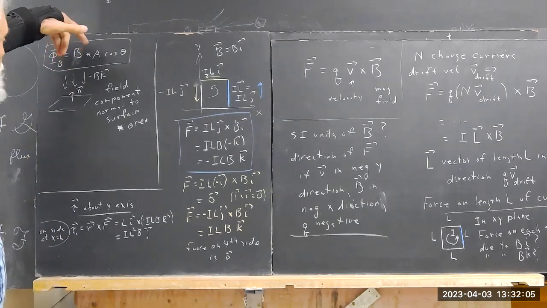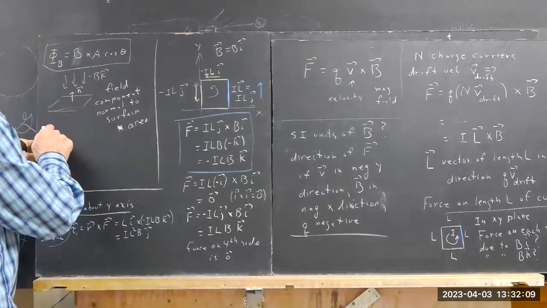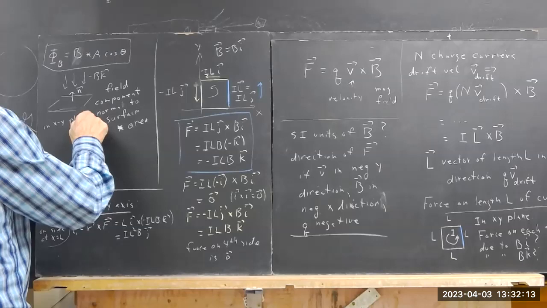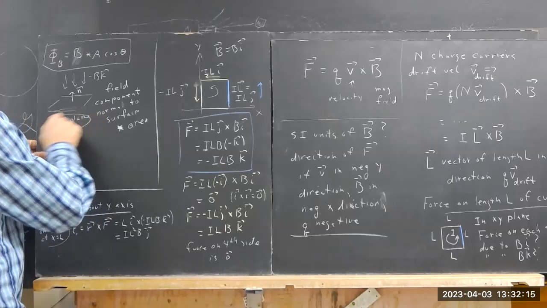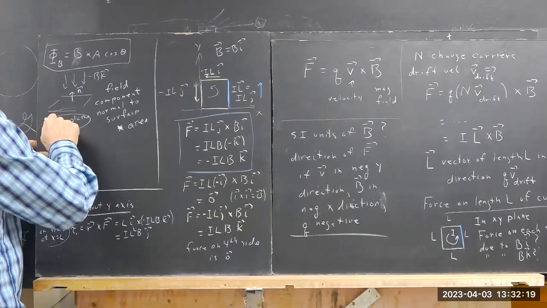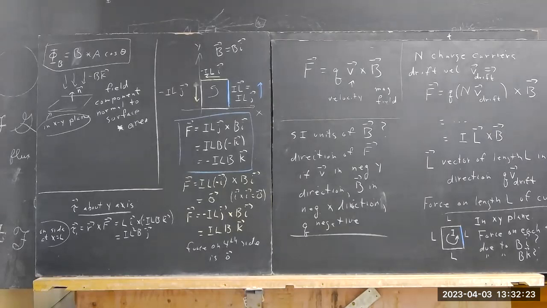If the field is negative BK and this is in the XY plane, then what you would get here, cosine of theta would be -1, theta being the angle between the normal vector and BK.